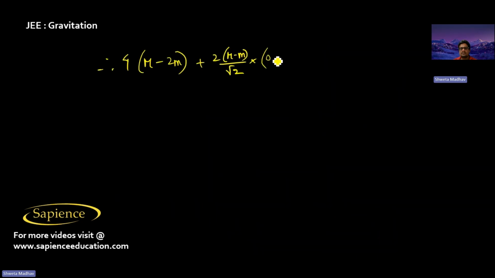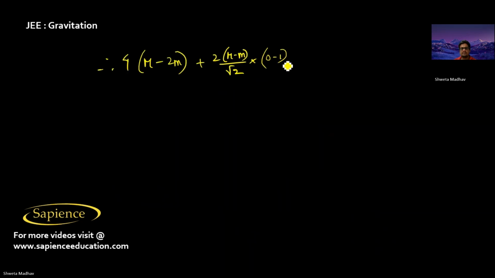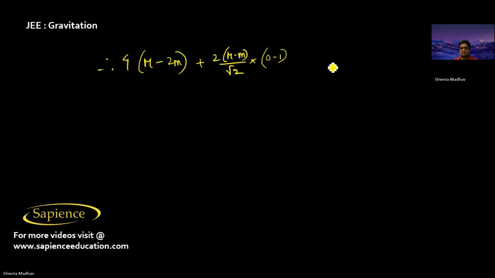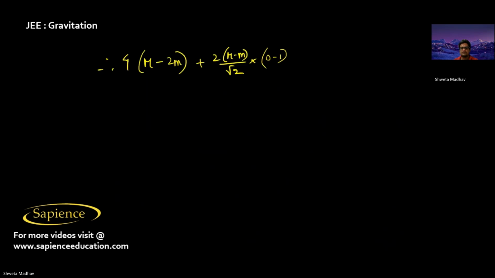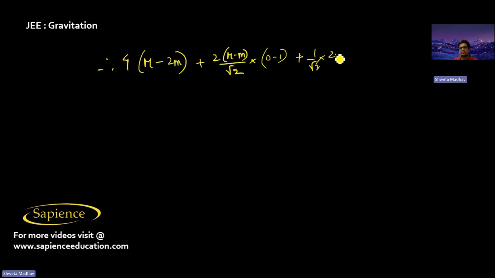So this is 0 minus 1. Plus this will be 1 by root 2 into 2M. That should be equal to 0.